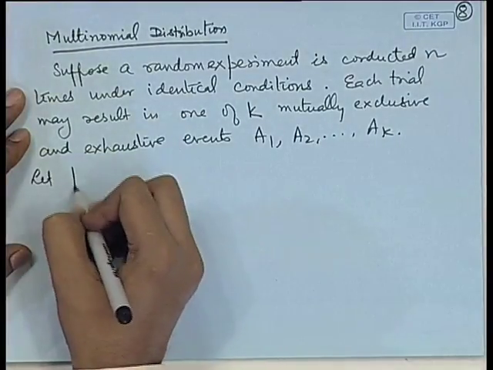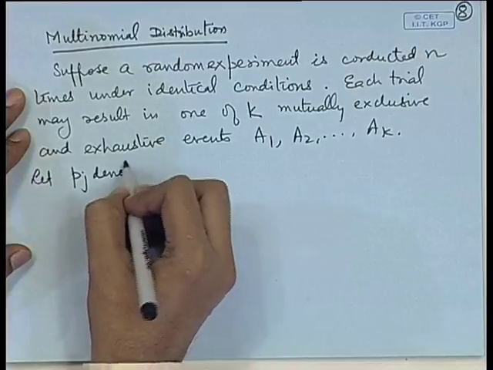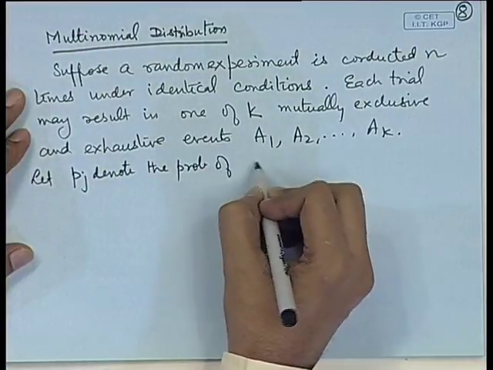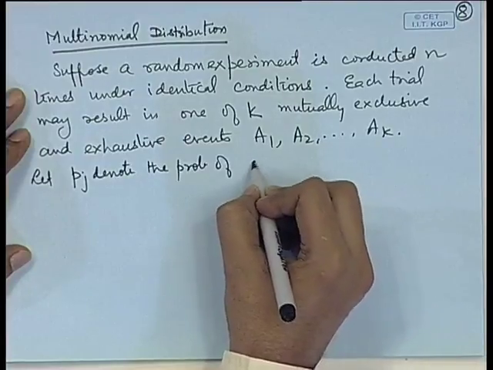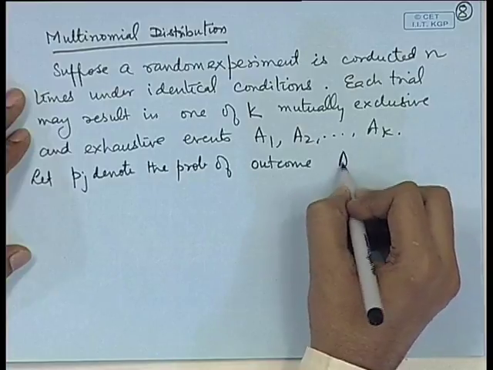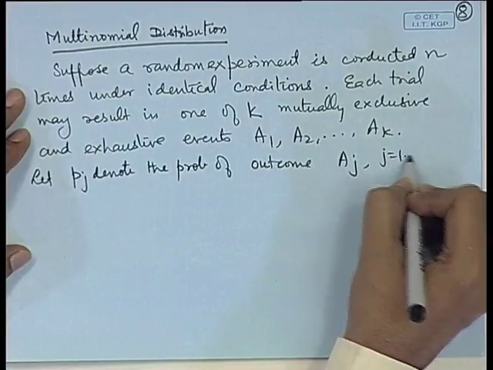Let p j denote the probability of outcome A j for j equal to 1 to k.